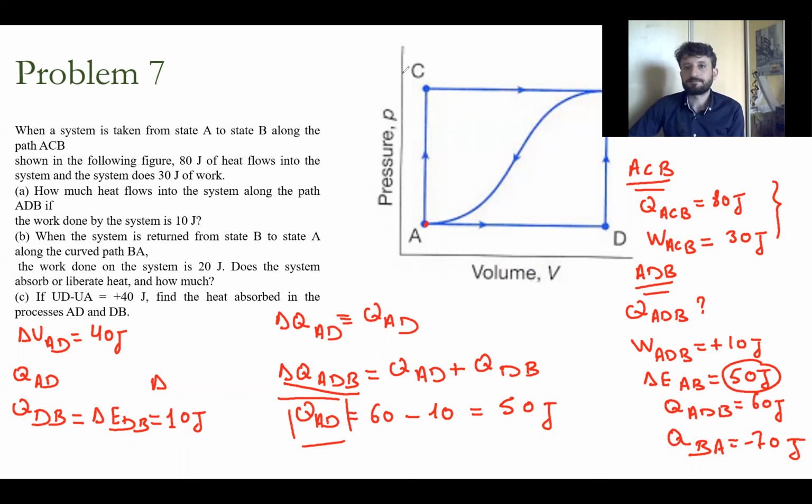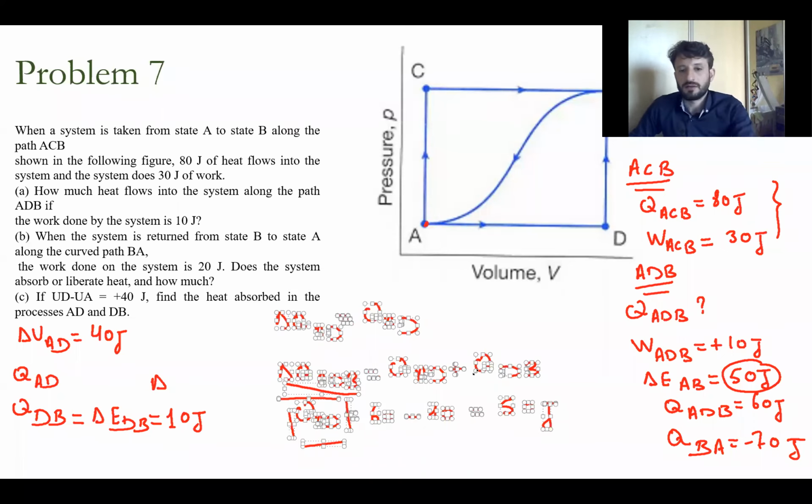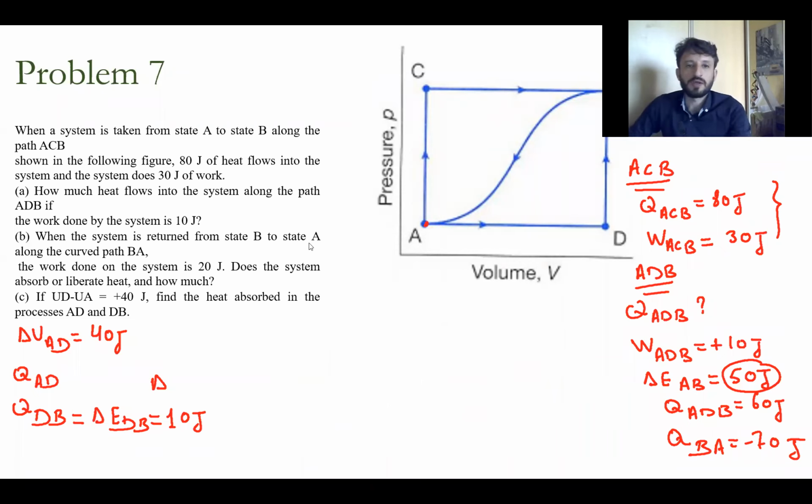You know, in general, how can we get this one? Q ADB equals Q AD plus Q DB.